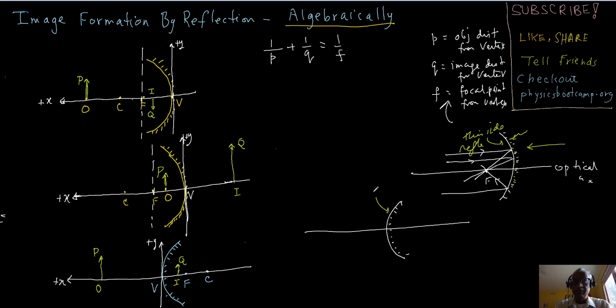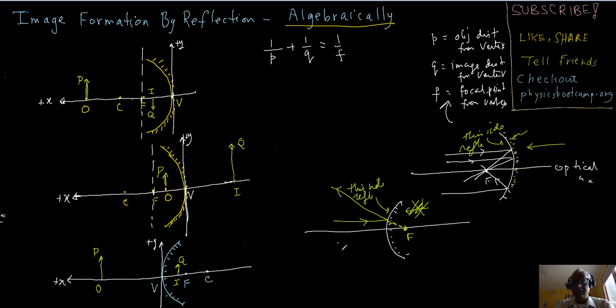Now, if the ray comes from the reflecting side and is parallel, it actually diverges, so it goes out like that. If you extend it, then this is the focal point. So the focal point is on the other side from where the ray is.